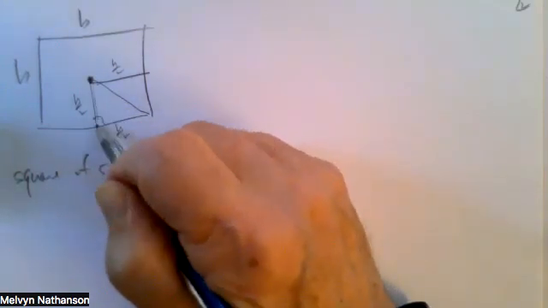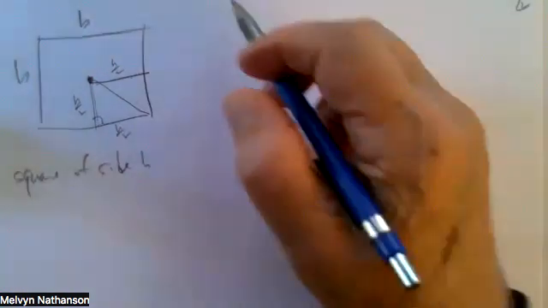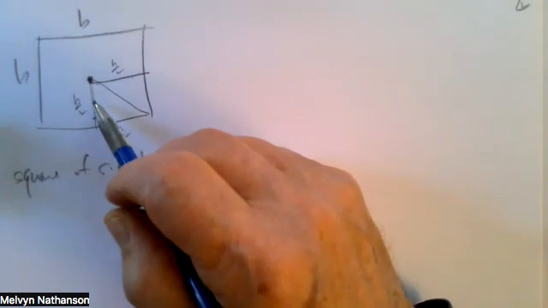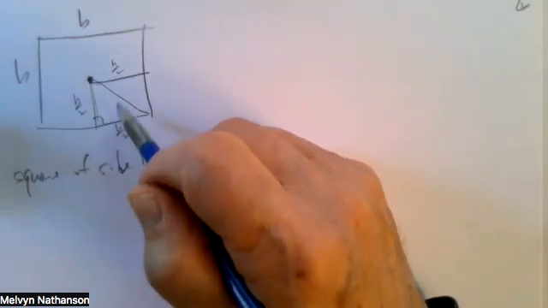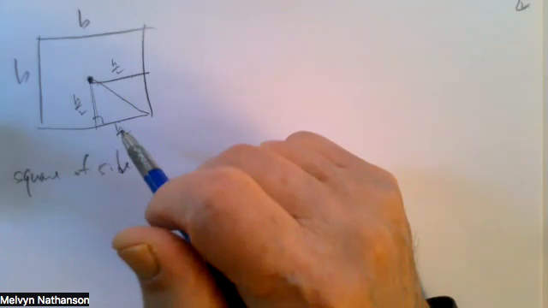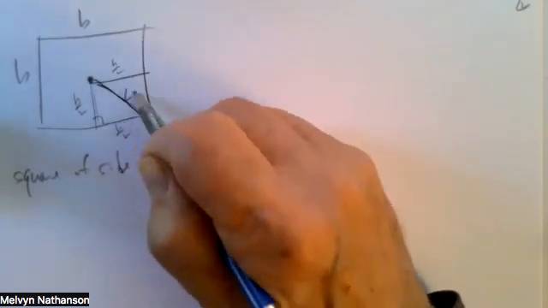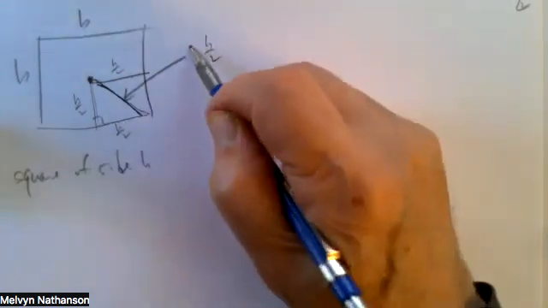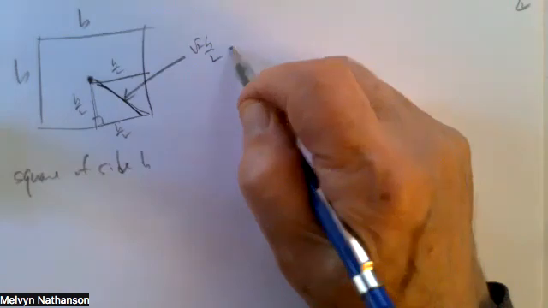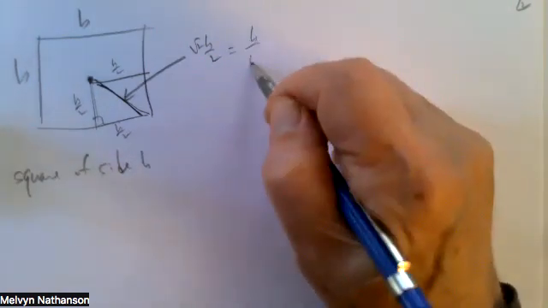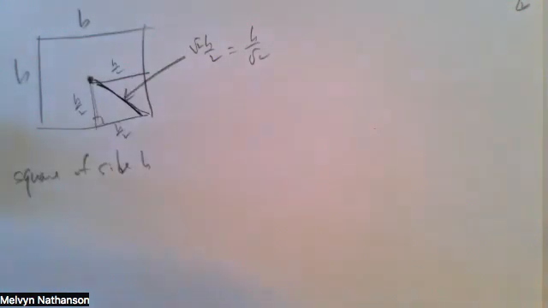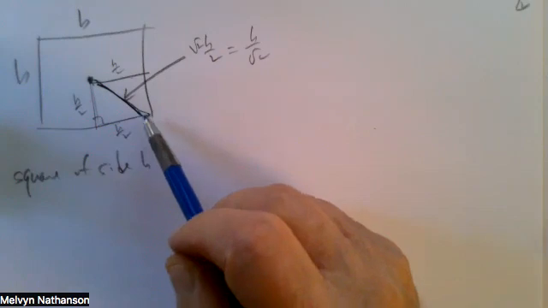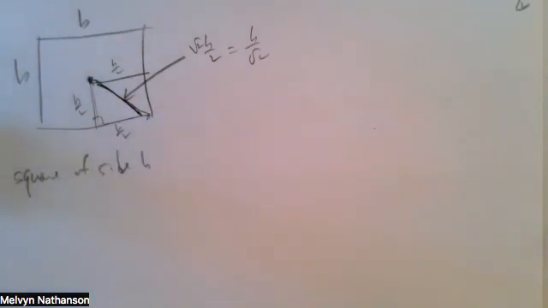Well, this is a right triangle, it's isosceles. If you have a right isosceles triangle, if the side is x, the hypotenuse is x times the square root of 2. So the length of this is B over 2 times the square root of 2, or B over the square root of 2. That's the distance from the center of a square of side B to any one of the 4 corners of the square.